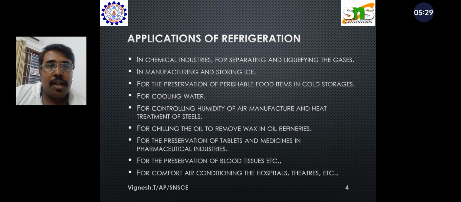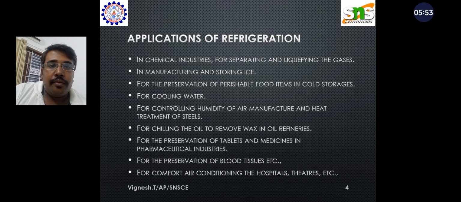And for the application part, refrigeration can be used in chemical industries for separating and liquefying gases, for the preservation of perishable food items in cold storages, for controlling the humidity of air, and in the manufacture and heat treatment of steels.